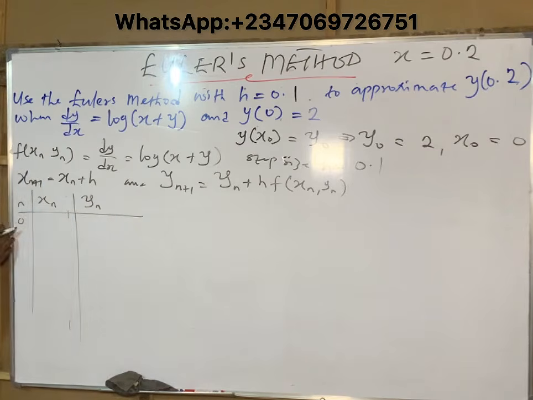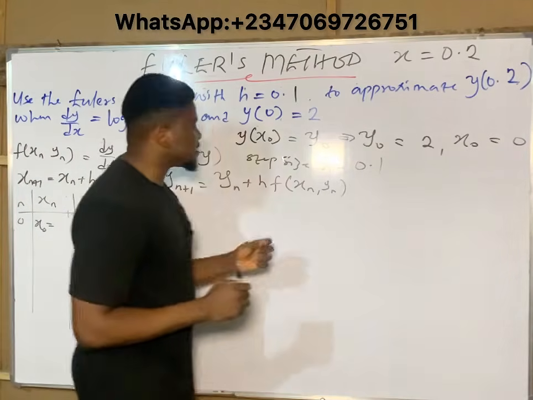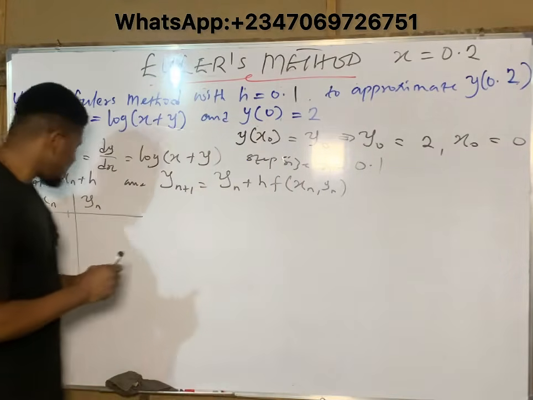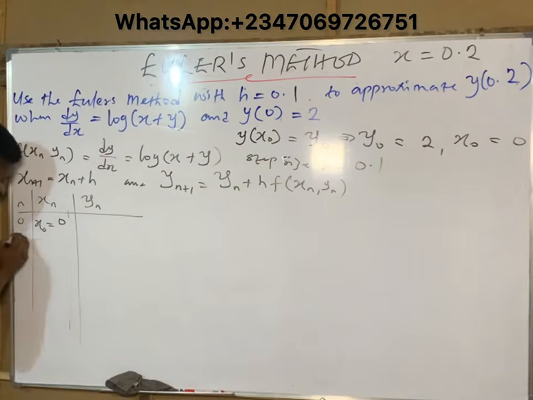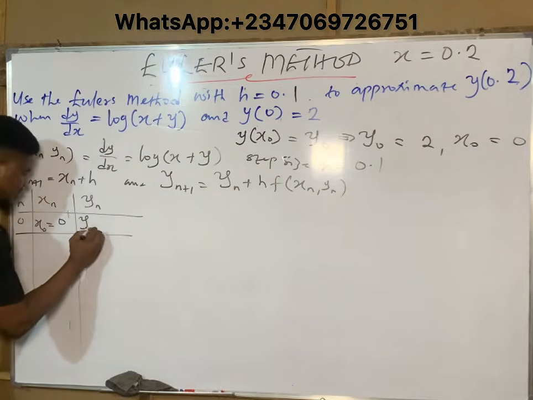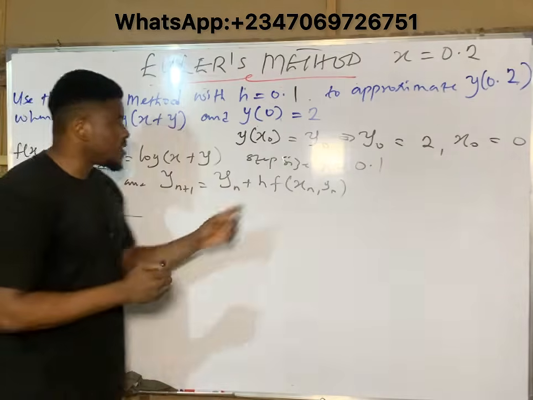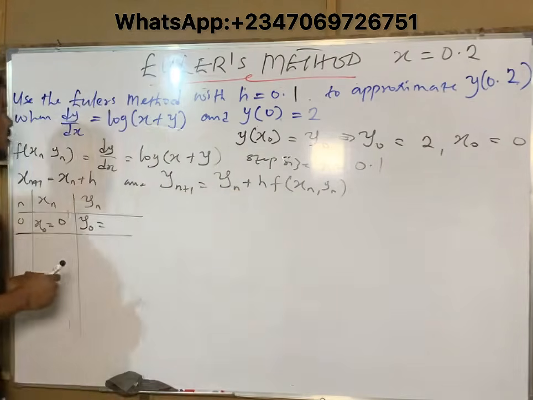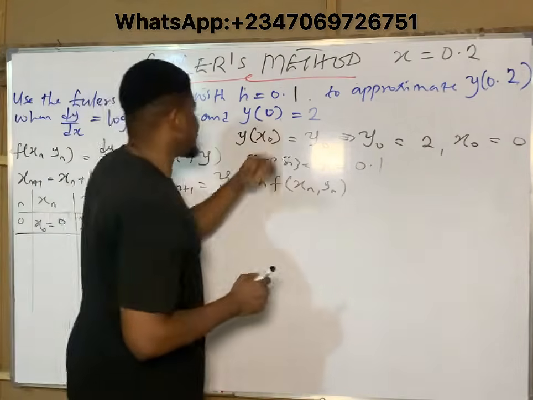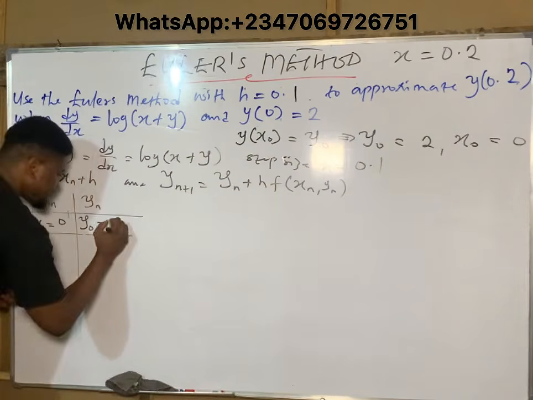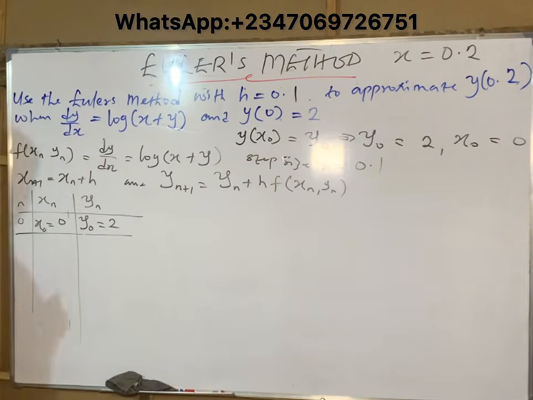When n is 0, it means our xn becomes x0. What's x0? x0 was given in the question as 0. Our y0 also has a value from the question: y0 is simply 2.